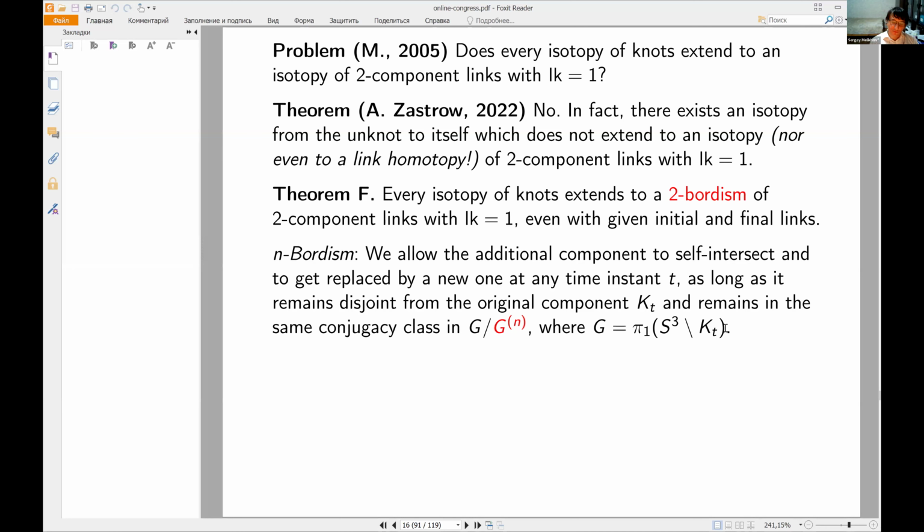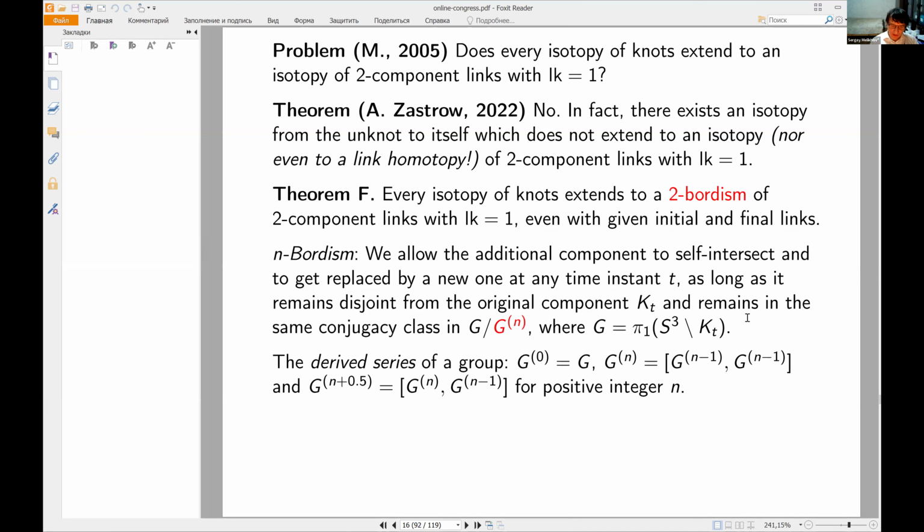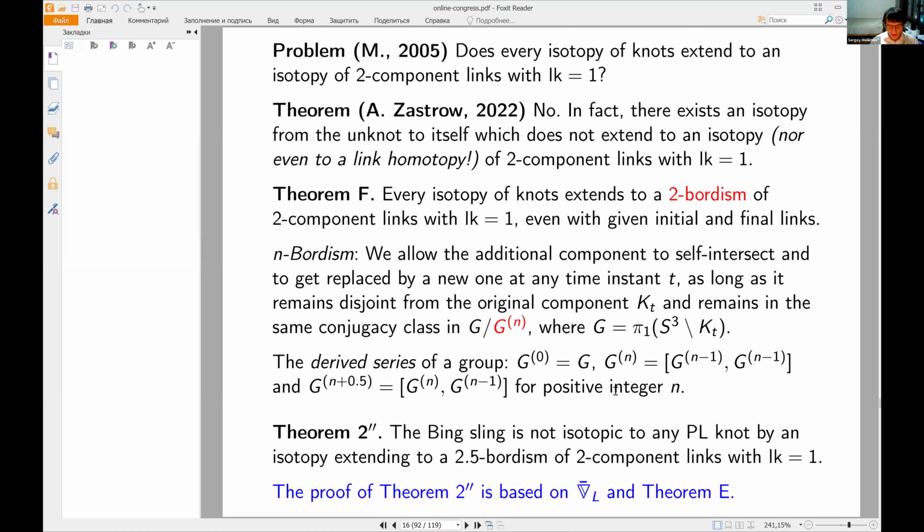Here is the quotient of the fundamental group of the complement to the original component at time instant t. So the derived series of a group is something I guess everyone knows, but here I'm using also the half-integer ones, which are defined in a similar way.